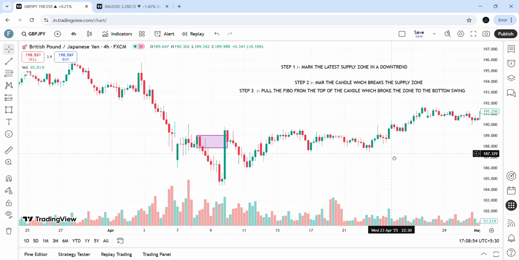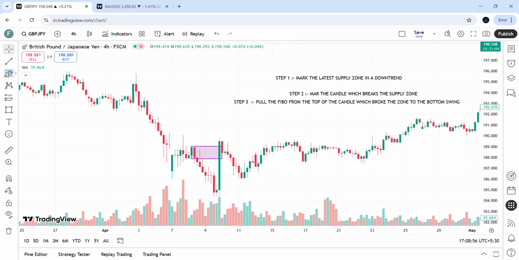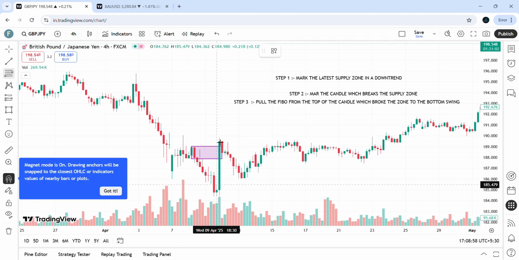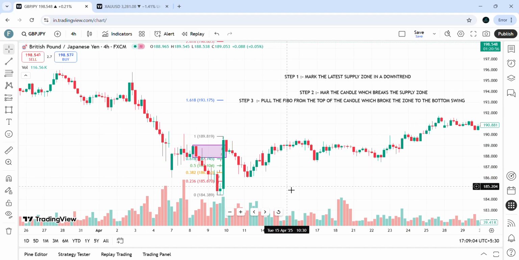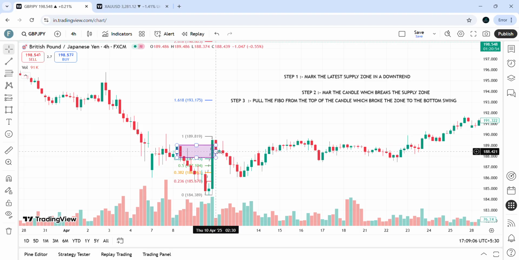That is, you take the Fibonacci tool, you select it from the top and you pull it all the way to the bottom. This is how you pull the Fibonacci tool.